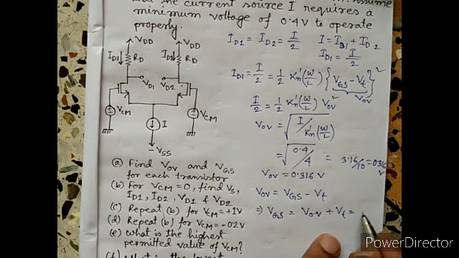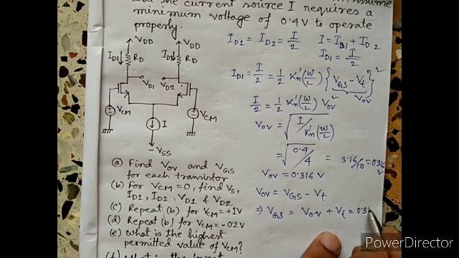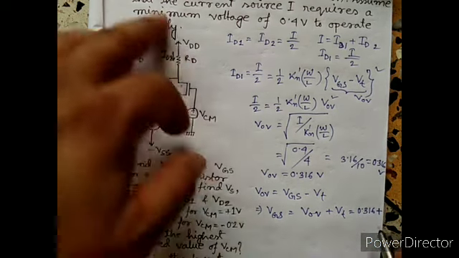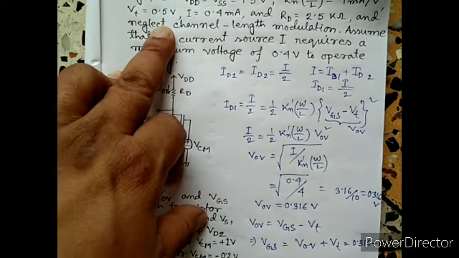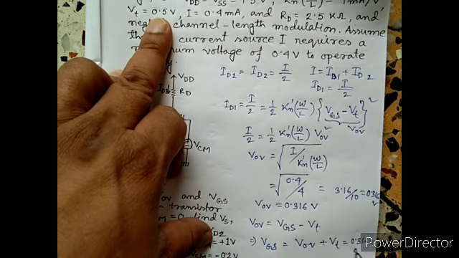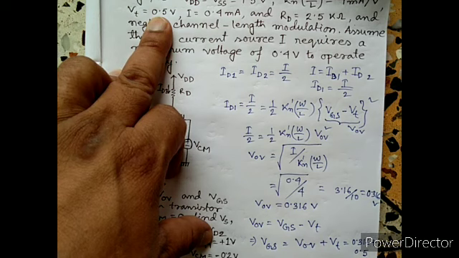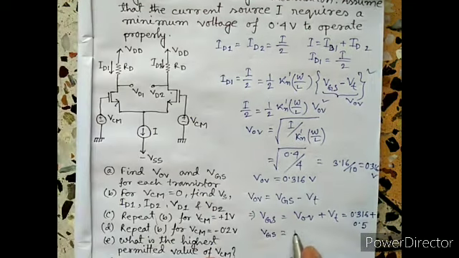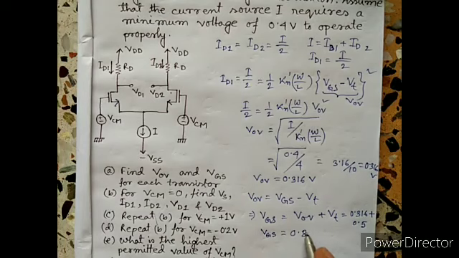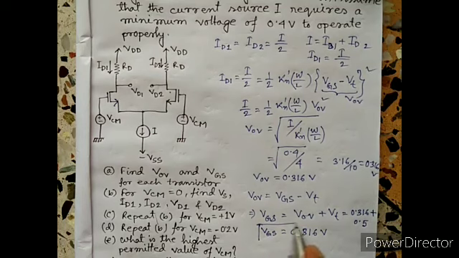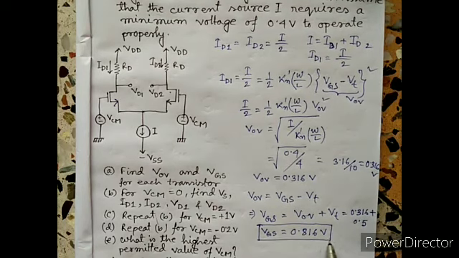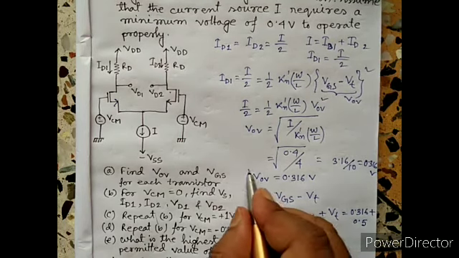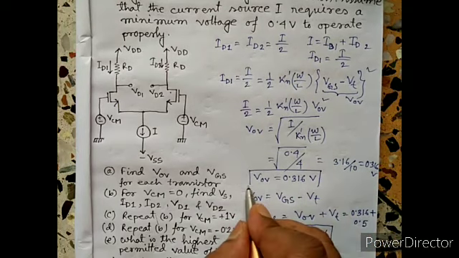The overdrive voltage we got is 0.316 plus the threshold voltage 0.5 volt, so VGS equals 0.816 volt, and this is the overdrive voltage.